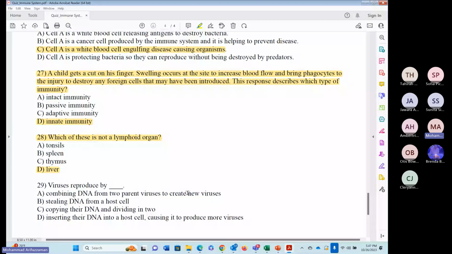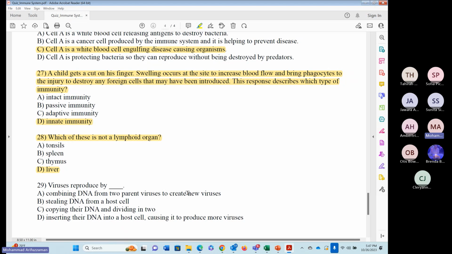The liver also stores some vitamins, produces bile for digestive function, and has a detoxification function. So these are very, very important organs. But the tonsils, spleen, and thymus are lymphoid organs.